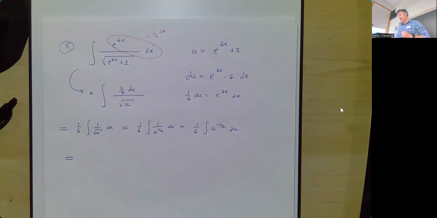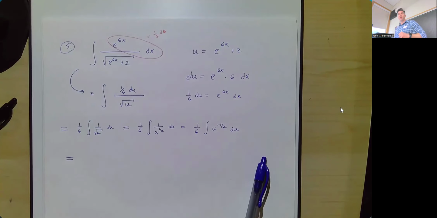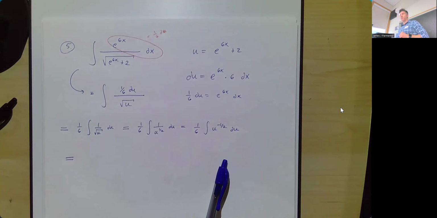I think you could have jumped straight from there to there. You don't need to write these 3 different things here. 1/6 over the square root of u is the same as 1/6 times u to the negative 1/2. But we still have to integrate it.